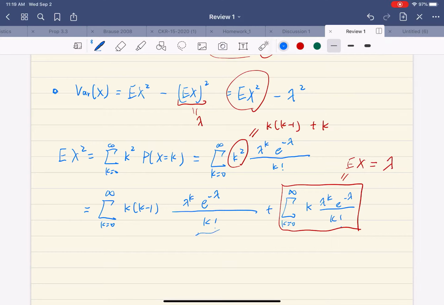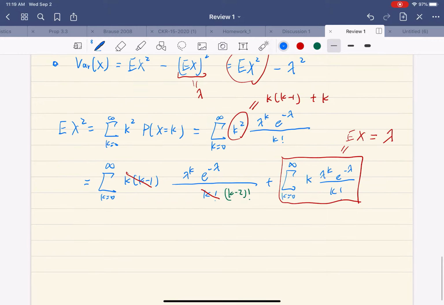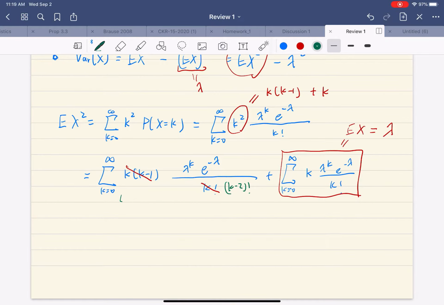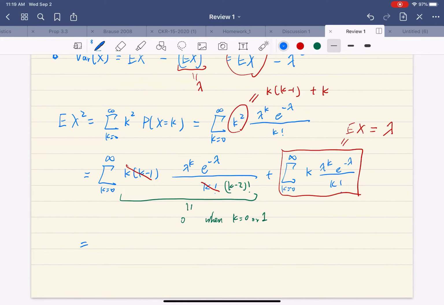And for the first term, we can cancel these terms and get k minus 2 factorial. You can also see that this term equals 0 when k equals 0 or 1. So we can get this equal to the summation k from 2 to infinity of lambda to the power k e to the negative lambda over k minus 2 factorial, plus lambda.